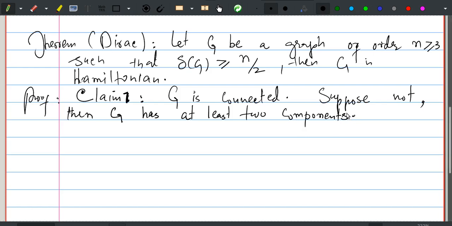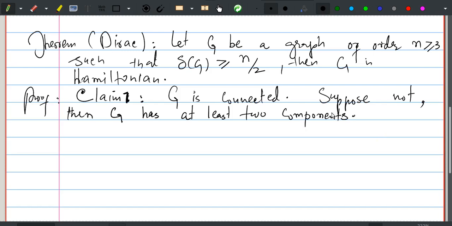By a component we mean a connected subgraph. Now let us pick the smallest component in G in terms of the vertices. Suppose G has two components, G1 and G2. Now let us pick among G1 and G2 the component which has the minimum number of vertices. Here G has more than one component, and we are picking the one with the least number of vertices.